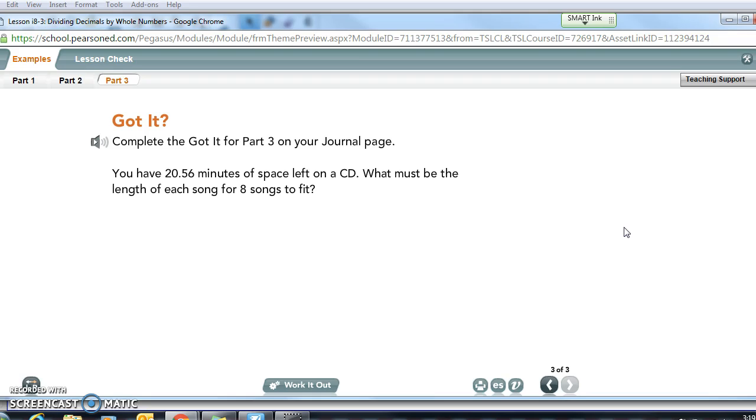What must be the length of each song for 8 songs to fit? So think, okay, what's my total and what am I dividing it into? Again, go ahead and solve it. When you are done, call me over and I will let you start your homework if this is correct.